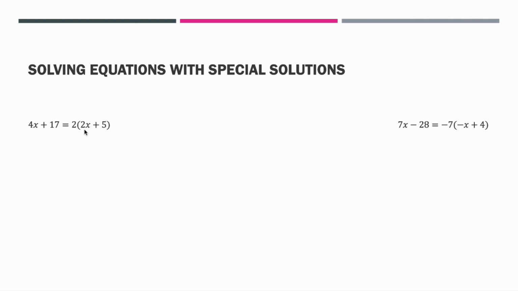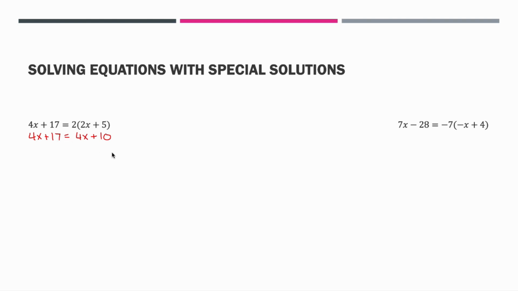First, let's use the distributive property and distribute this 2 to the 2x and the 5. So 2 times 2x is 4x, and 2 times 5 is 10. So this is equal to 4x + 10. And we can bring the 4x + 17 down.